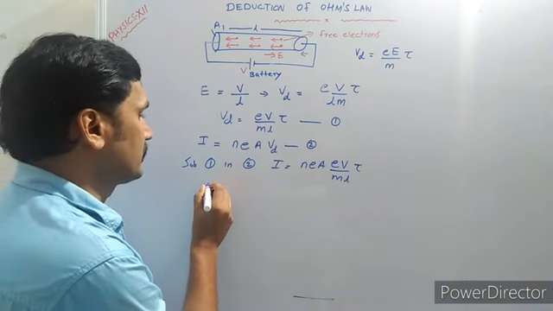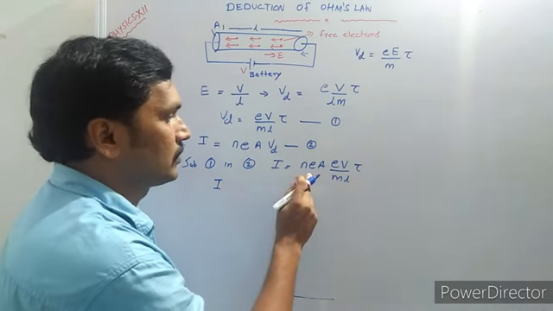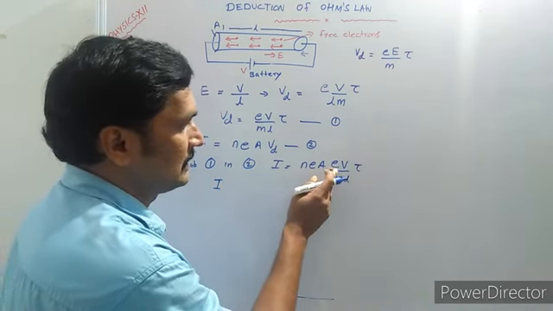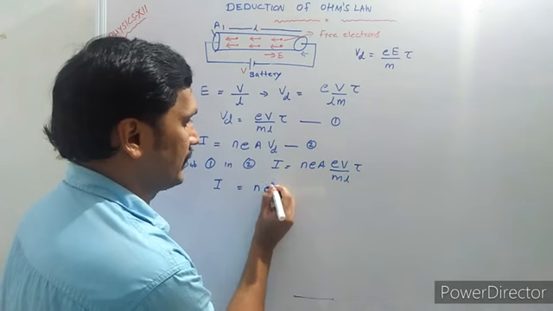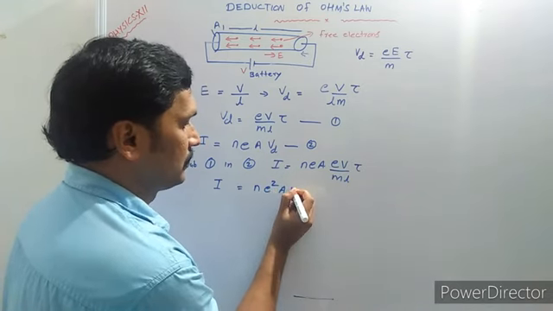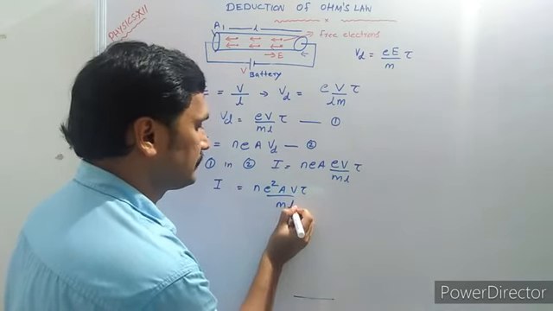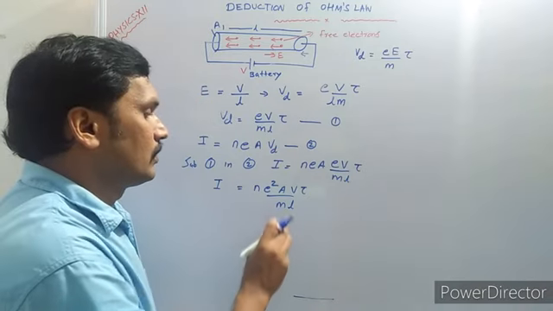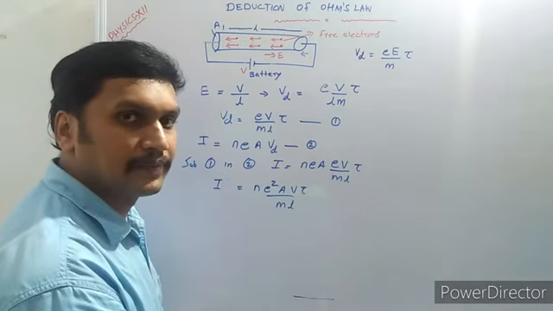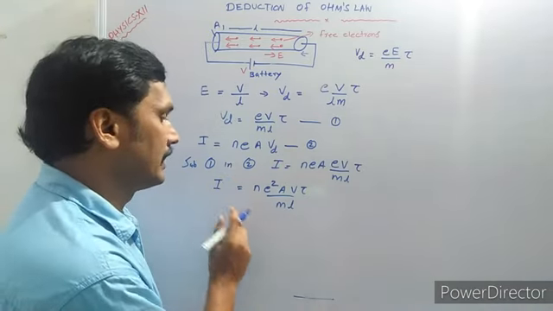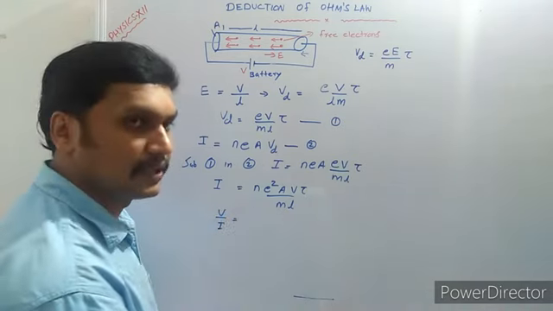Now we can write current I is equal to, from this expression, e into e is e square, so I is equal to n e square A V into relaxation time by m L. So we make one more rearrangement by taking V and I to one side, that is, writing V by I on one side and all other terms on the other side of this equation.